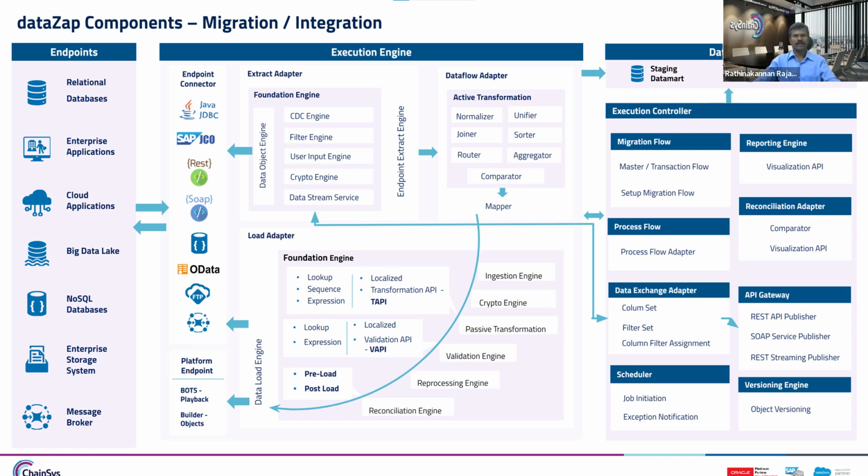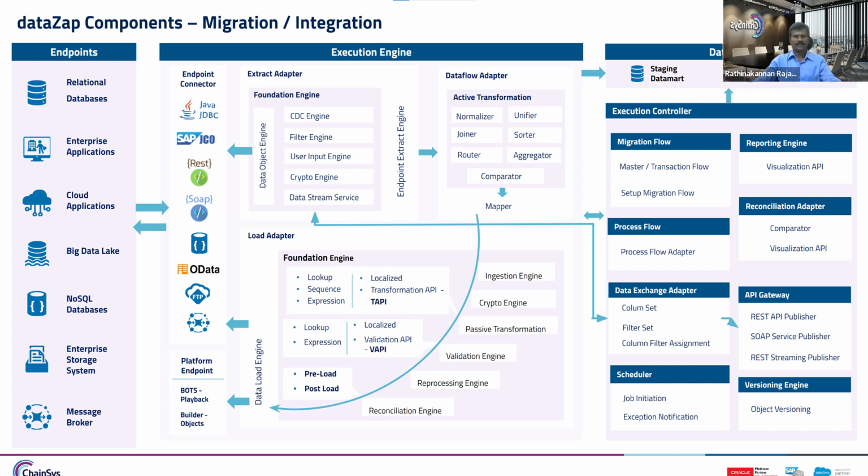Then we have an extract adapter, which is primarily used for extracting data from the source systems. It has the CDC engine, filters, user input engine, and crypto engine. Then we have a load adapter, which is primarily used for loading data into the target system.